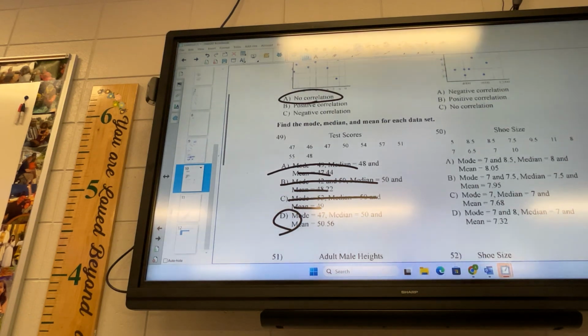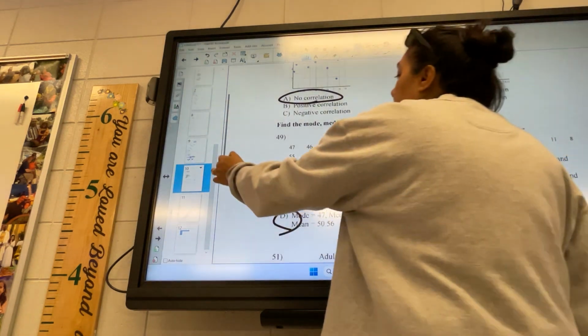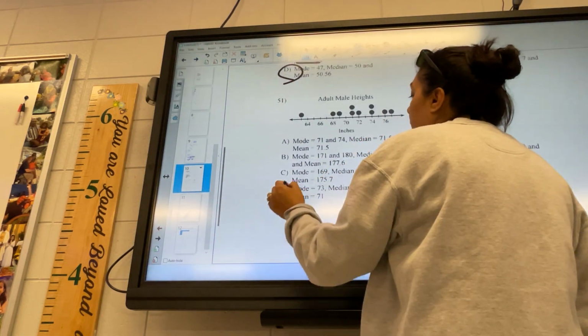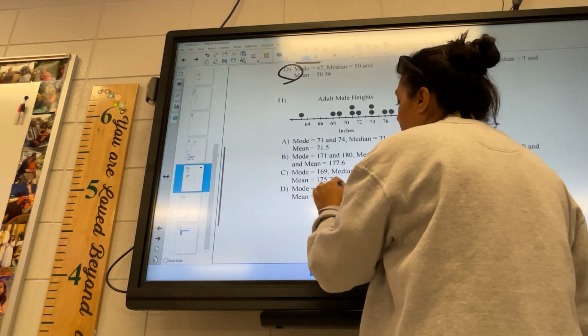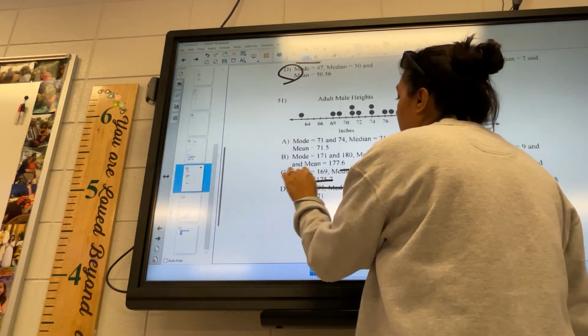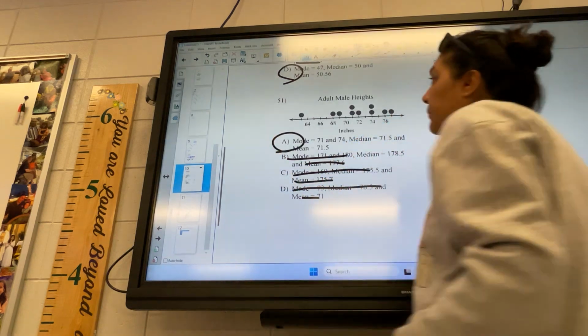What is the mode? What number occurs the most? 71 and 74. Okay, what can we eliminate? A, C. Easy peasy.